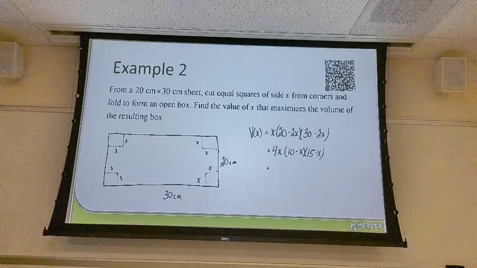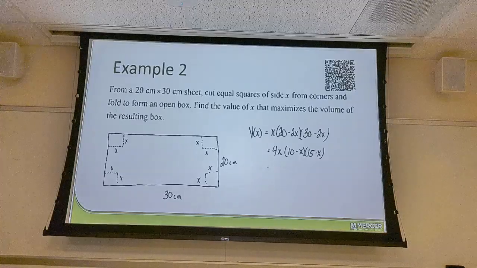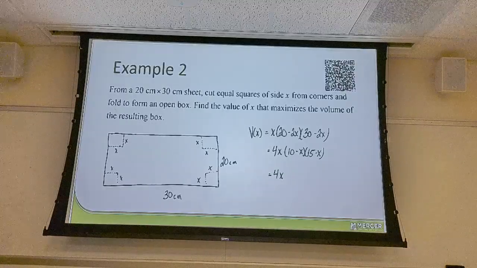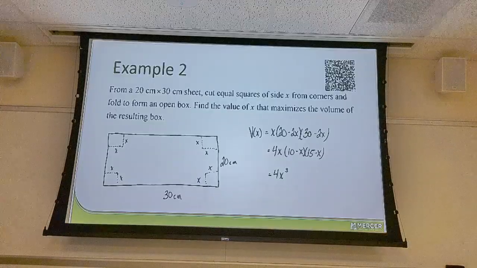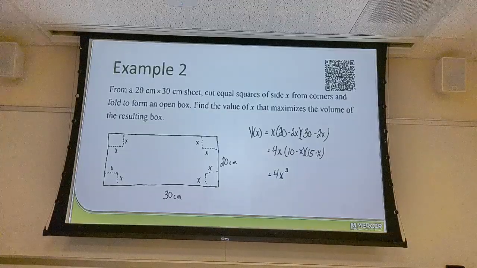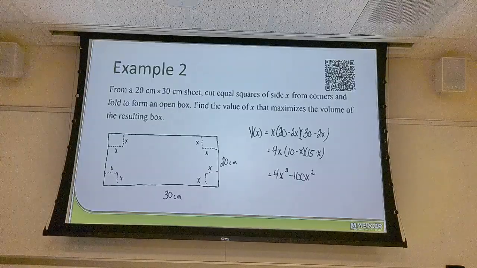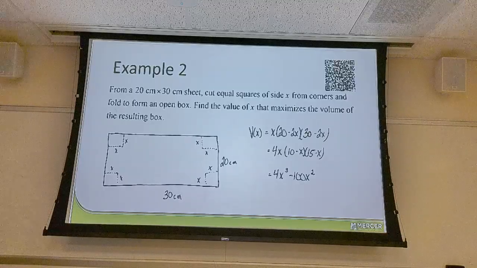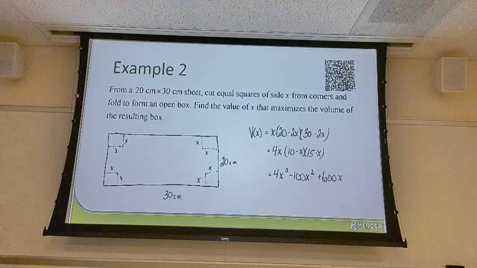So x squared times 4x, all right, so 4x cubed. Middle terms, negative 10 minus 15, that's negative 25x, times 4x, minus 100x squared. 10 times 15, 150, times 4, 600, plus 600x.